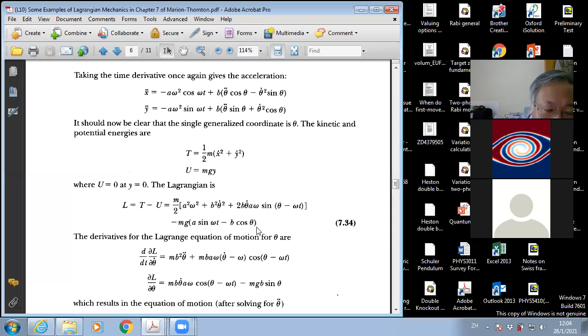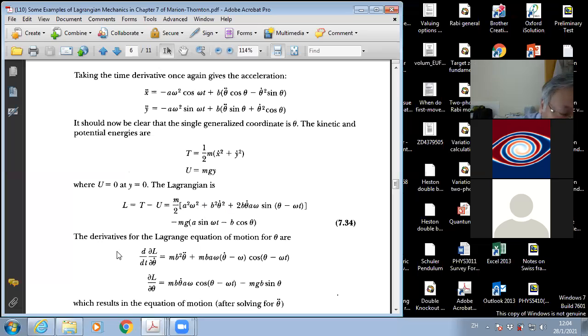Only theta and theta dot. Omega is a parameter. So in fact, in this example, there is only one independent generalized coordinate, and that coordinate is theta.